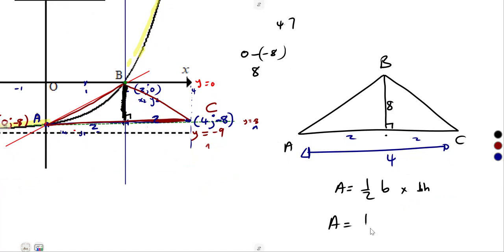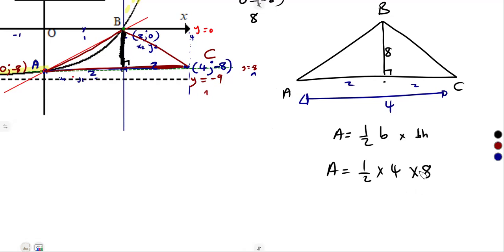So that is half of the base, which is 4, times the perpendicular height, which is 8. So that was it, guys. Half of 8, that is 4. 4 times 4, that is what? 16. So it was going to give us 16 square units, just like that.